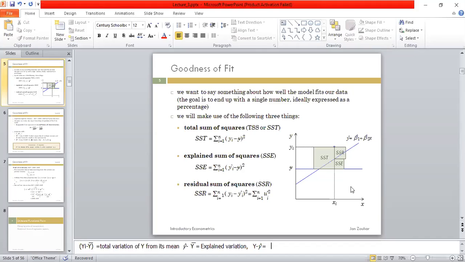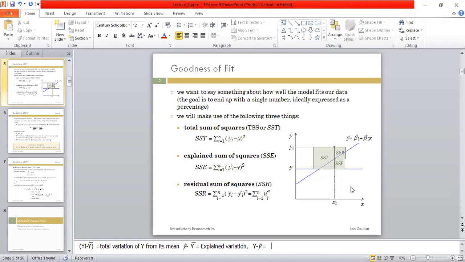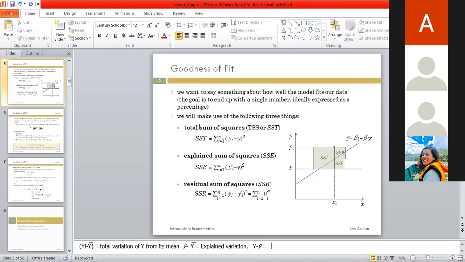That is basically called the total variation or total sum of squares. You are adding all the deviations from the sample mean. If you have a sample size of 30, you have 30 deviations from the sample mean. You square them, you add them.